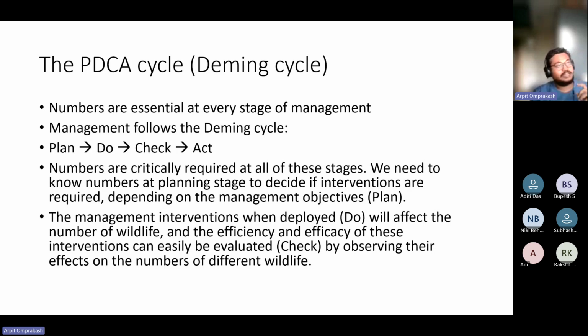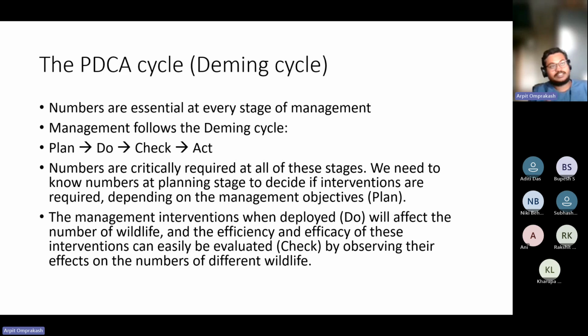Then doing: after we have planned, we formulate a strategy. Let's say the population of deer is falling in a place, but we want to increase the population. So we plan something, such as increasing the amount of resources or planting artificial grasses in that area. The next step is doing.